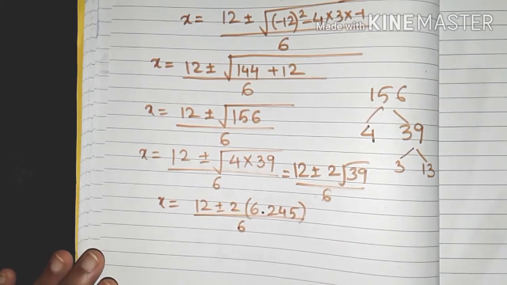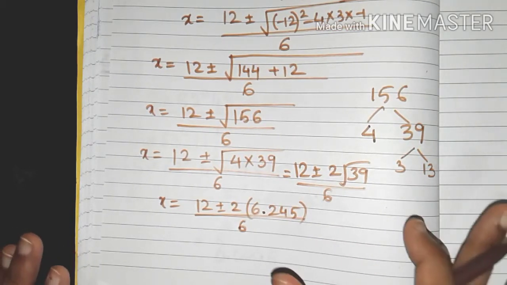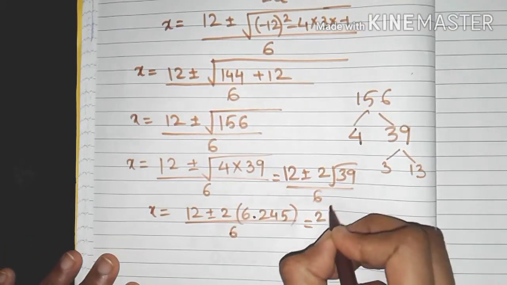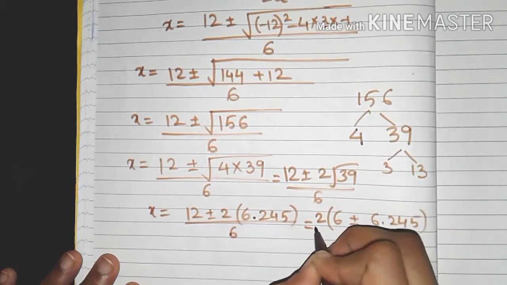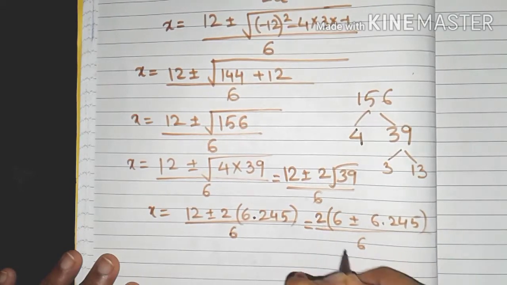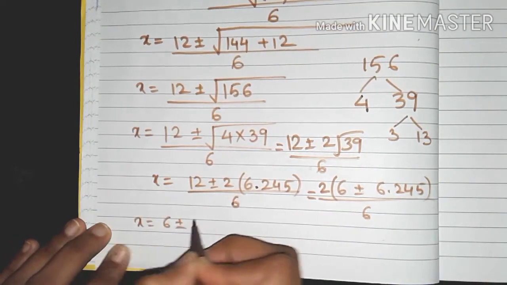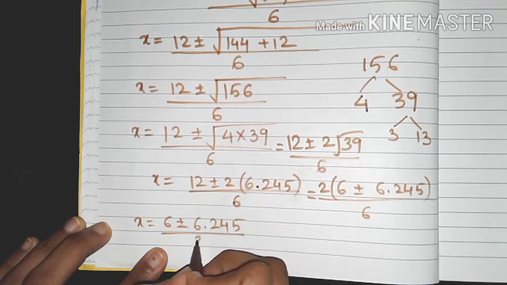So before you do any multiplication or division, keep checking if you can simplify something in the numerator and denominator. So taking out 2 common, we'll get 6 plus or minus this value, divided by 6. So obviously you can cancel out 2 here. So we will get 6 plus or minus 6.245, and this will become how much?